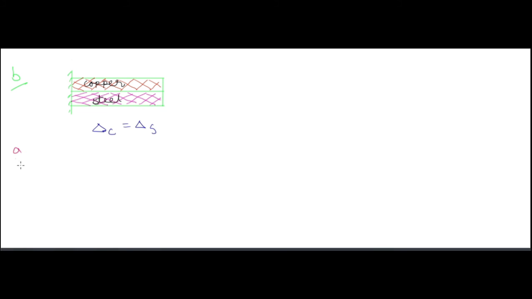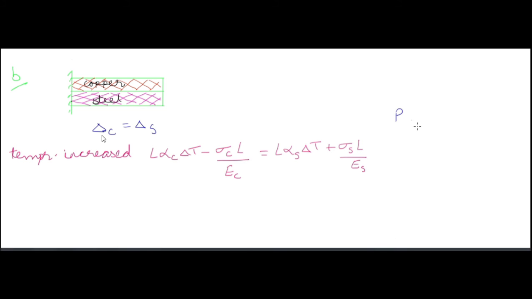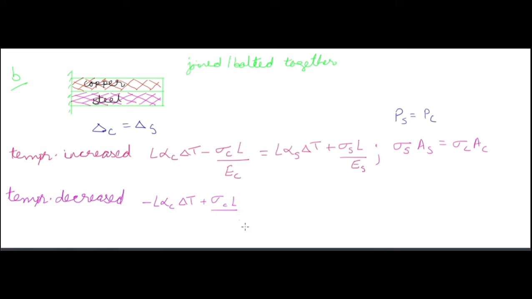Whatever expansion or contraction happens in the copper bar will be equal to that happening in the steel bar. So when temperature is increased, delta C is equal to L alpha C into delta T minus sigma C L by EC.